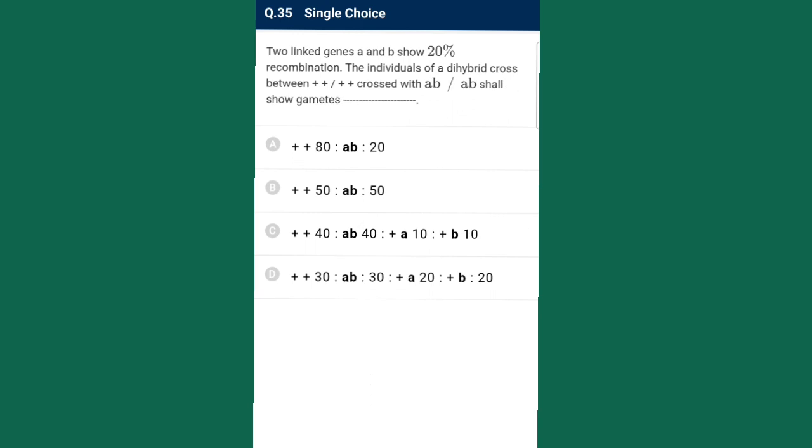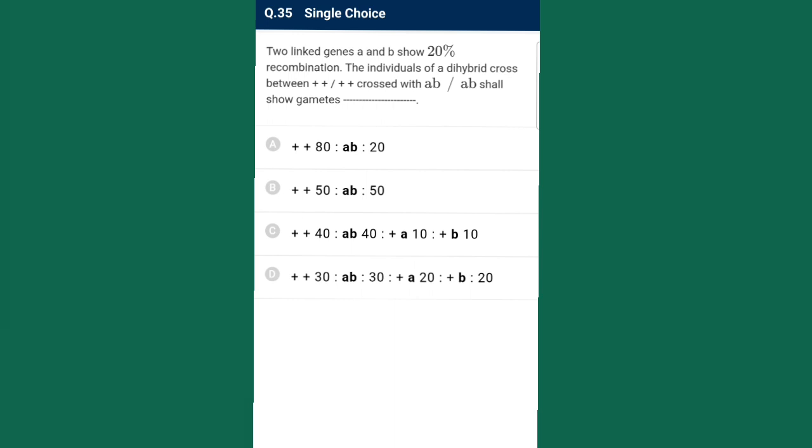Question number 35. 2 linked genes A and B show 20% recombination. The individuals of a dihybrid cross crossed with small a small b shall show gametes. Thus linkage is 80%.